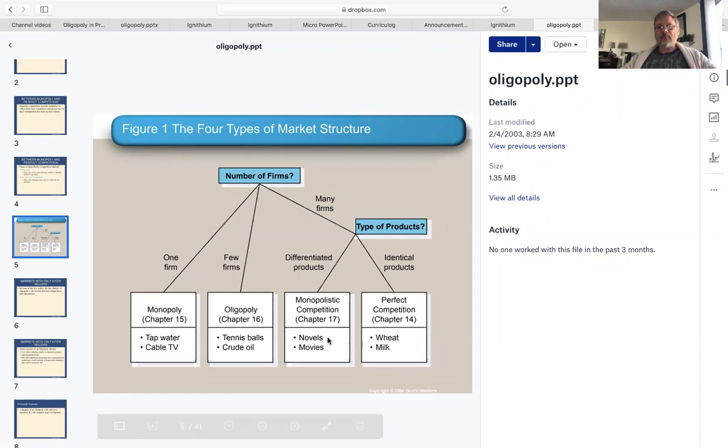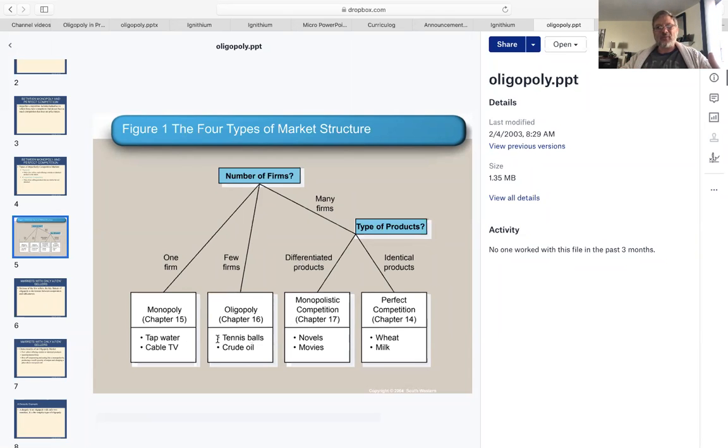But I'll also say in passing that monopolistic competition is fascinating and important because it describes most of the products that you are familiar with. If you think about different types of sodas or jeans or music or video games or breakfast cereals, there you have a lot of what we call product differentiation. But think about tennis balls.